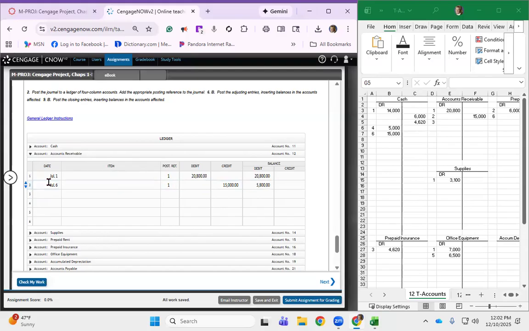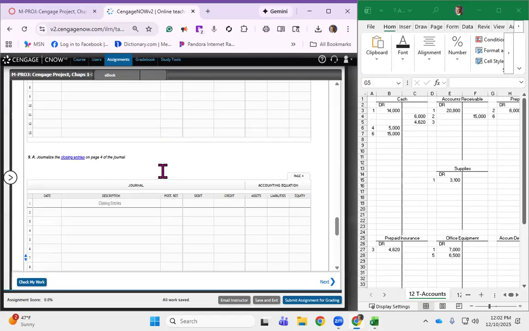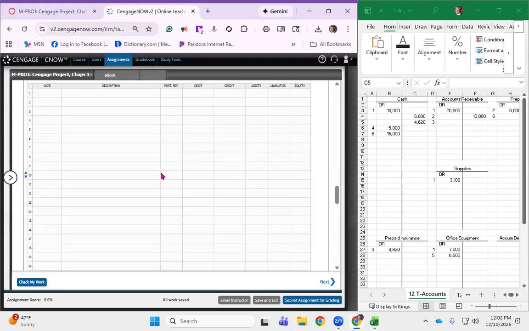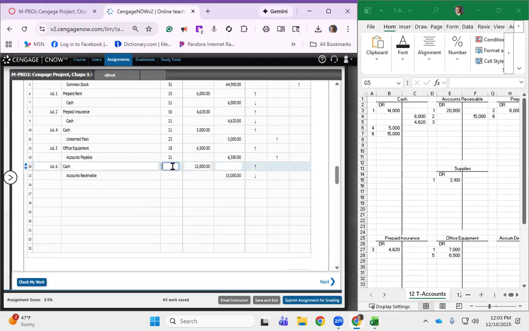I get $5,800 when I subtract the 15,000 from accounts receivable. Now we're finished with posting that journal entry. Now it's time to put in the account numbers. Cash is 11 and accounts receivable is 12. And now we're ready for another transaction.